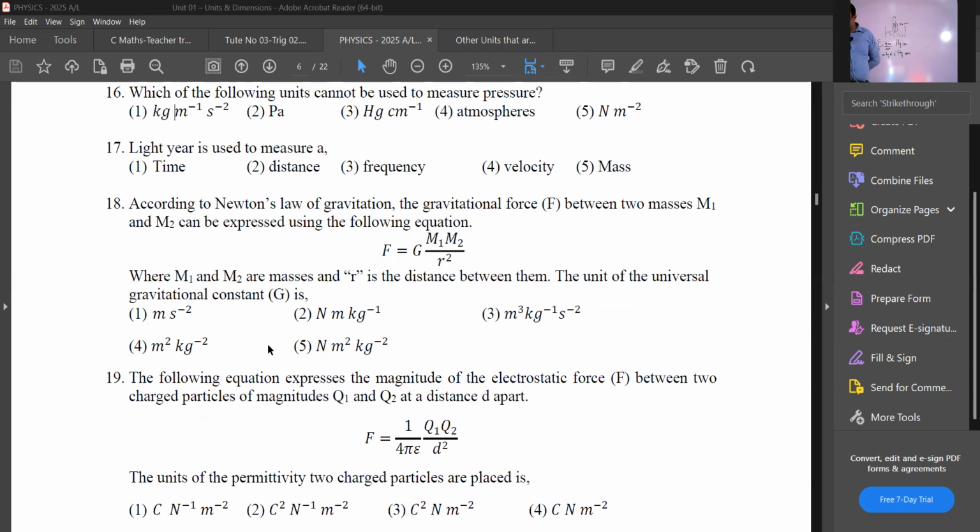Question 18. What is the answer? You have to make G the subject.